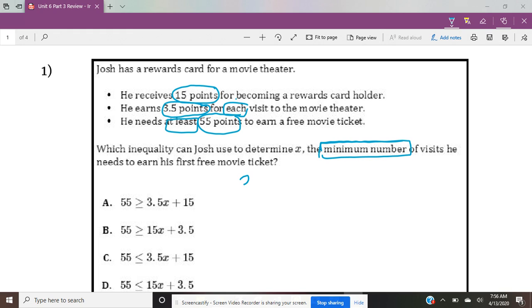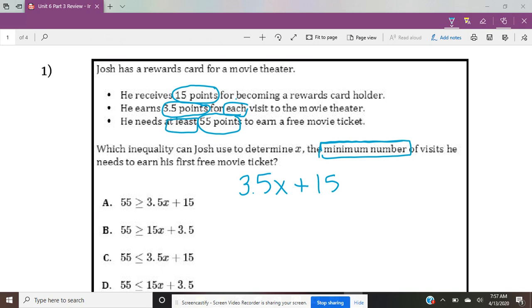So I know that 3.5 needs to be multiplied by x. Okay, x is going to represent the visits. So 3.5 points each visit, so we're going to have to multiply that. That is going to be added to the 15 points that we automatically get, okay?